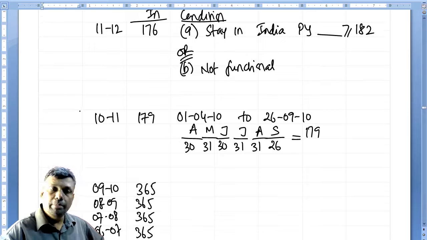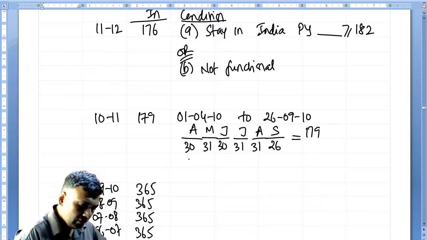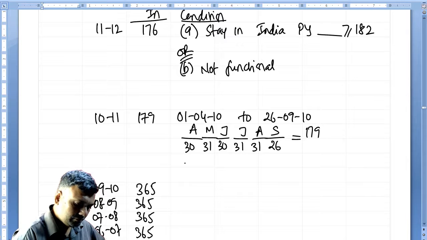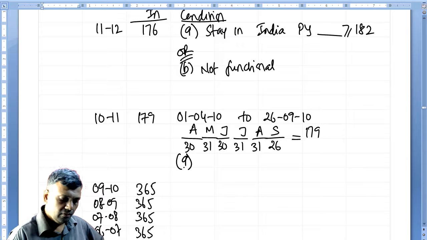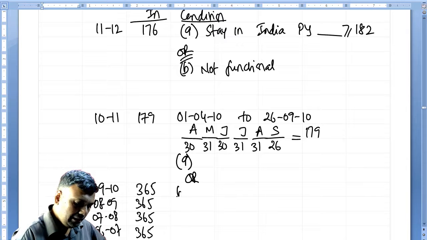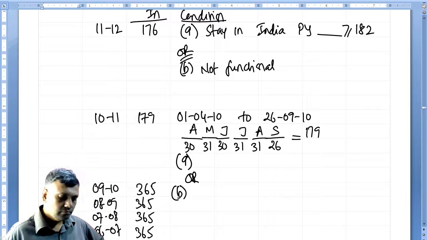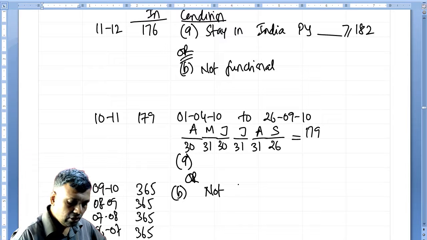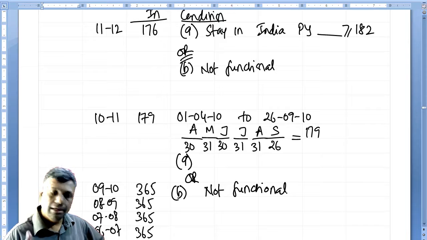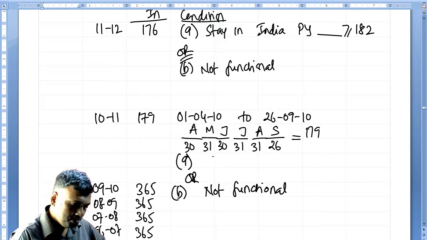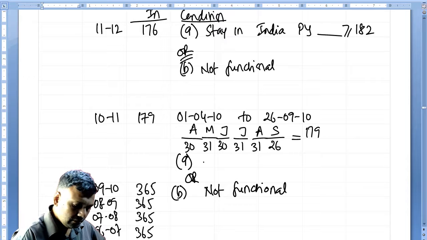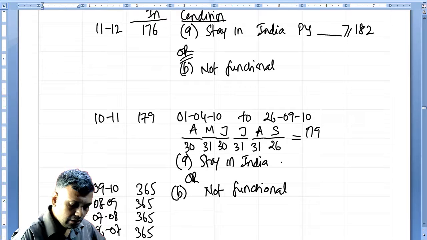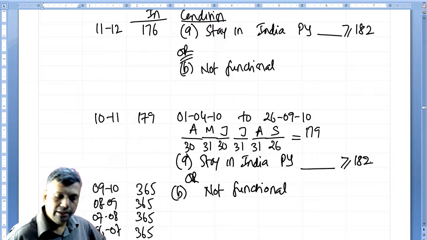Same thing for the previous year 10, 11 also. Condition A or B. B is not functional. And when it comes to A, stay in India during the previous year greater than or equal to 182 days.